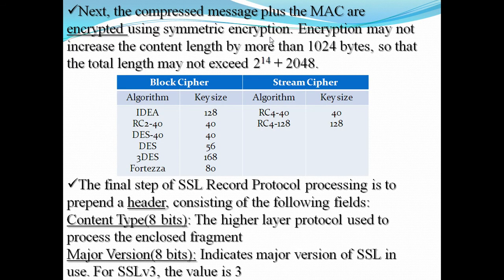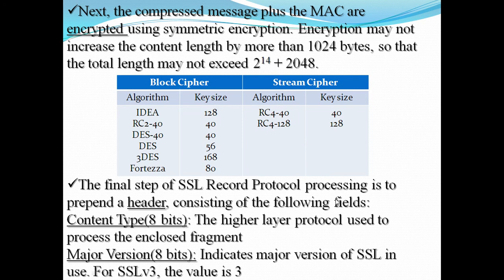How to encrypt this? Using these algorithms. If it is a block cipher, use IDEA, DES40, or Triple DES, for example. For a stream cipher, RC4, for example, 128-bit or 40. Majorly Triple DES is playing an important role here.